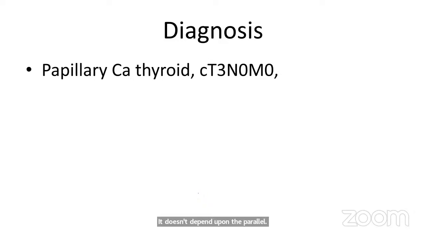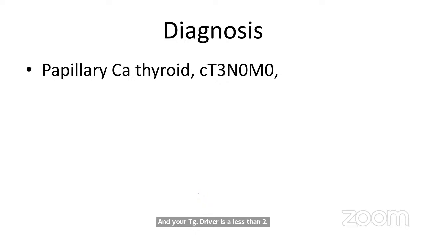If your TG level is less than 2, you will do an ultrasound neck. Anti-TG also has to be done. Anti-TG antibodies, all that is normal, and your TG levels are less than 2, so you will still go ahead and do an ultrasound neck.